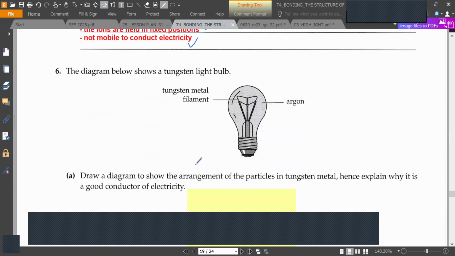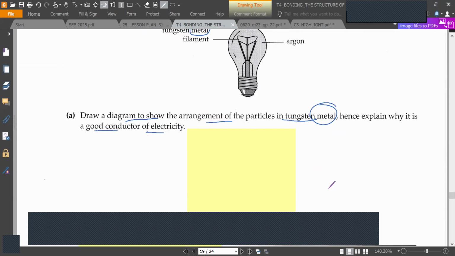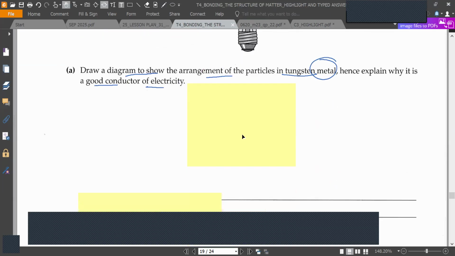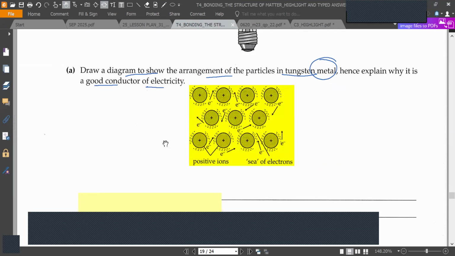Next, here we have a tungsten light bulb, so this is a metal. Draw a diagram to show the arrangement of particles in tungsten metal, and explain why it is a good conductor of electricity. So again, we need to draw metallic bonding, what it looks like. We discussed before, metallic bonding looks like this.